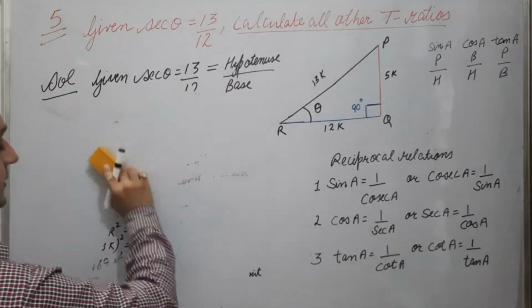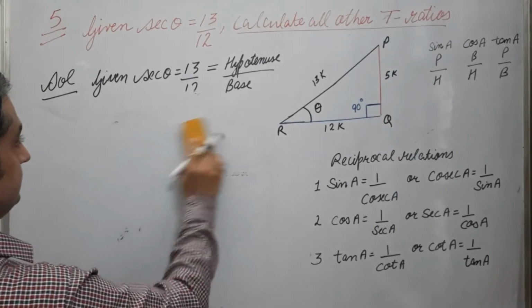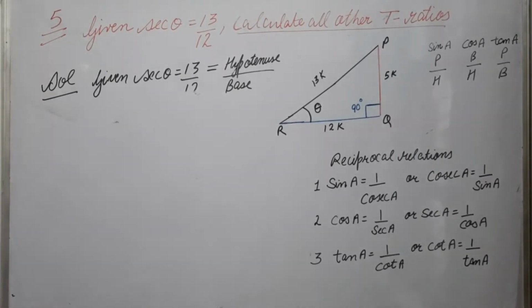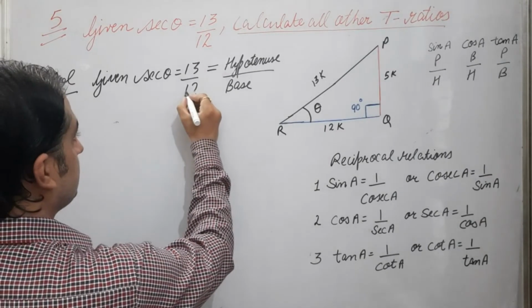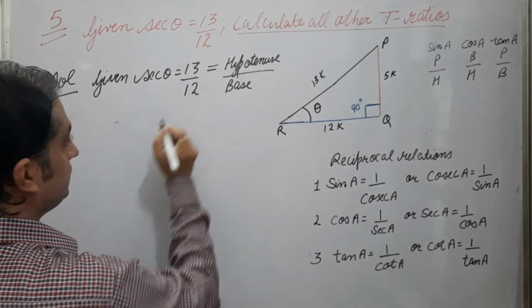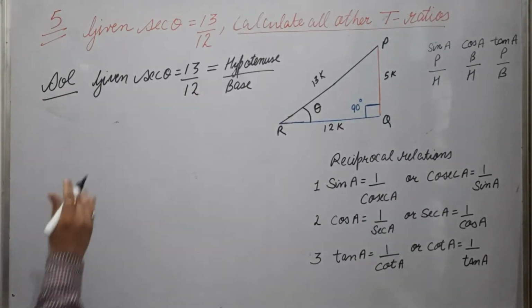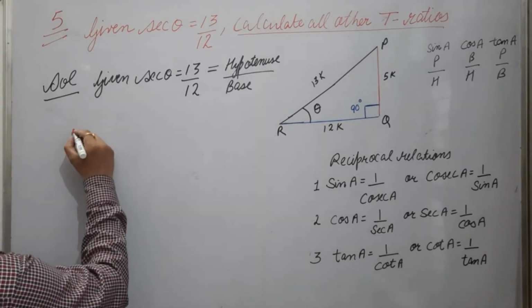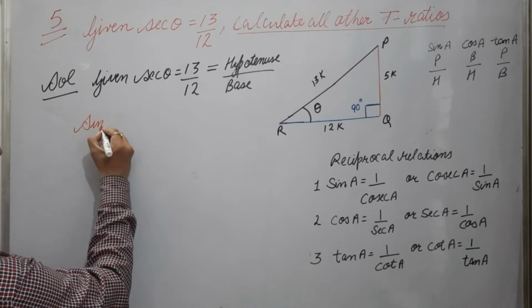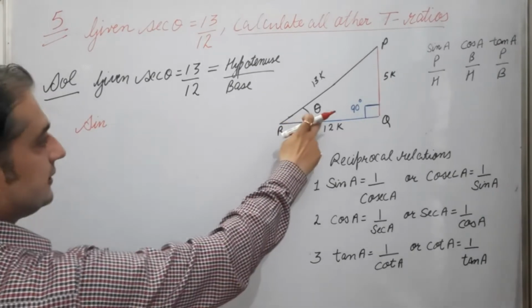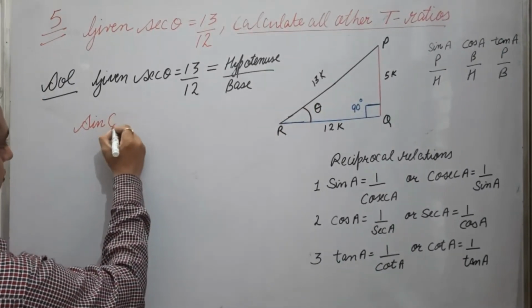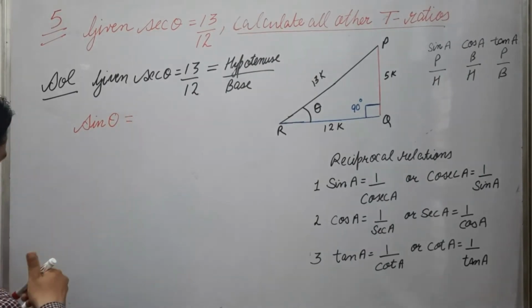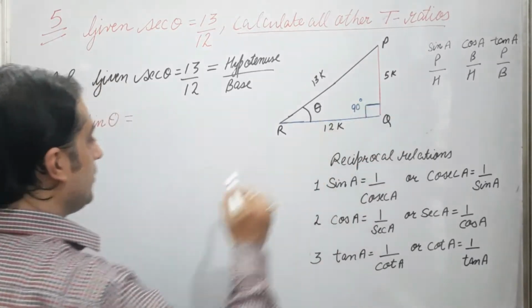So start with sine. This one ratio is given. So first T ratio is sine, and it is defined for angle theta, because the trigonometric ratio is defined for the acute angle. So what is sine theta? Sine theta is perpendicular upon hypotenuse.